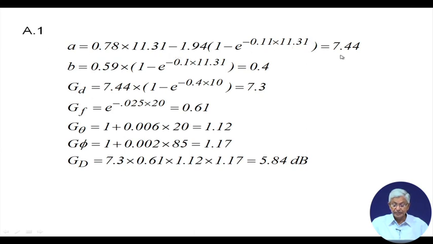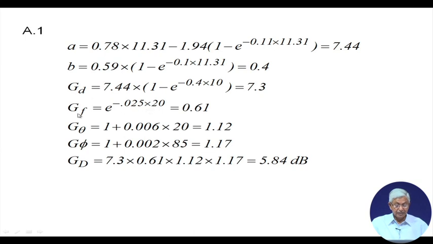So, A comes out to be 7.44, B similarly with 11.31 single site attenuation comes out to be 0.4, and the gain due to distance depends on this A, and here e to the power minus 0.4, which is B, multiplied by the 10 kilometer distance. So, GD comes out to be 7.3.